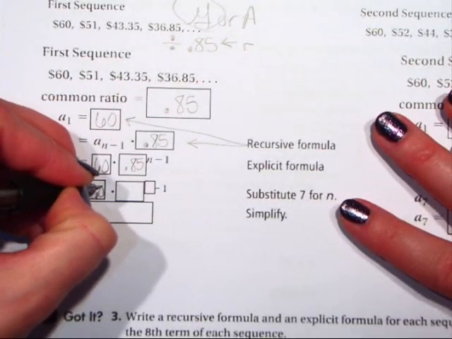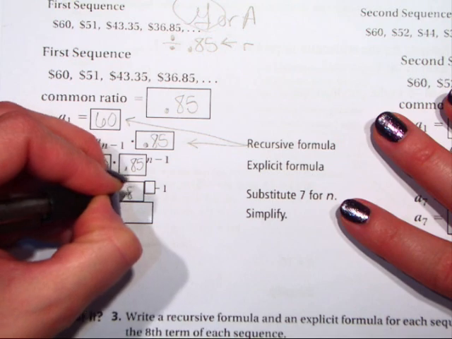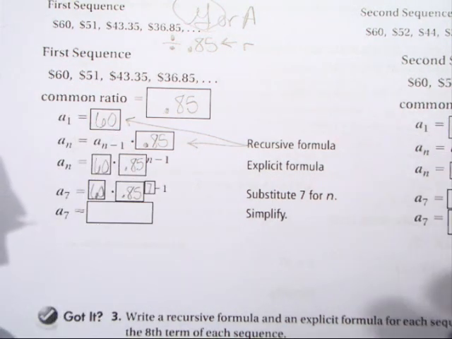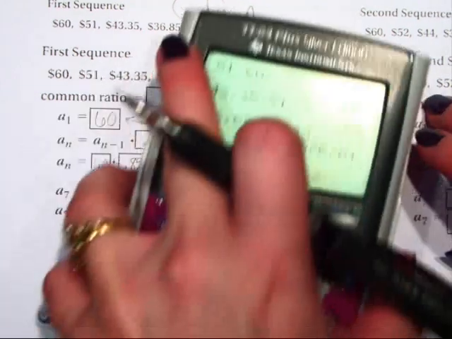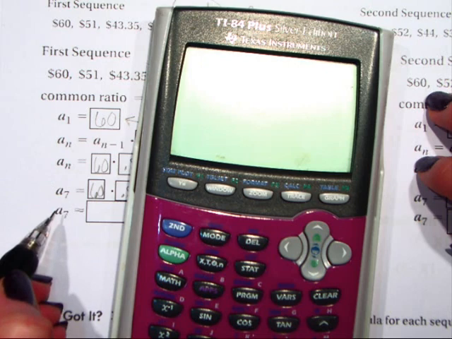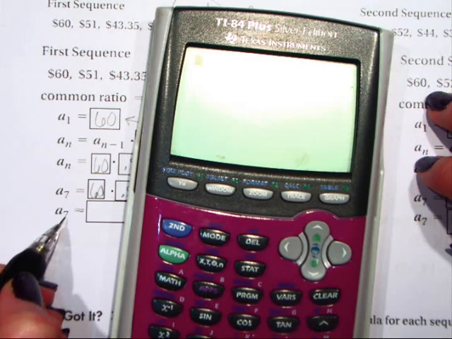So here's my original price. Here's my common ratio. 7 is the spot that I am looking for. So they are saying, look at this, your answer in the 7th spot. Did you pay attention?